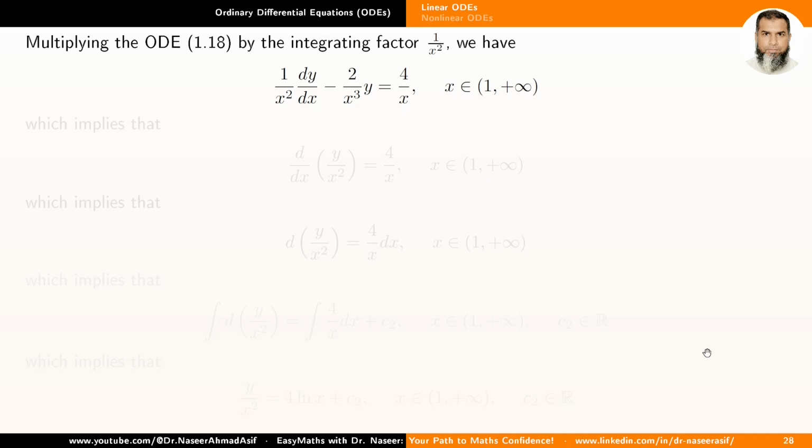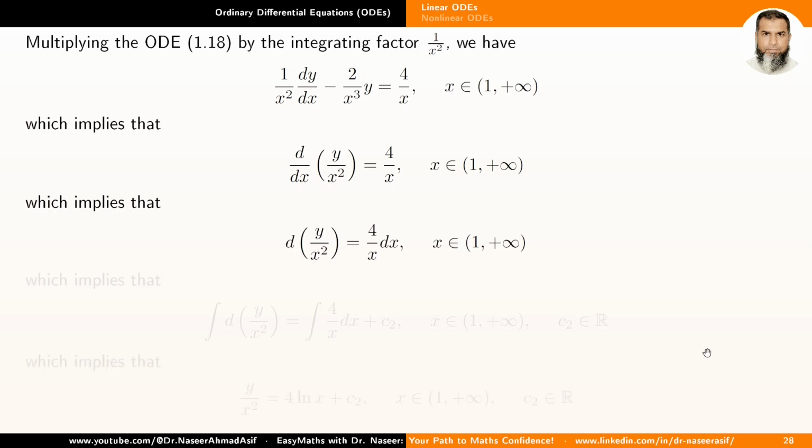Multiplying the ODE 1.18 by the integrating factor 1/x^2, we have 1/x^2 dy/dx minus 2/x^3 y is equal to 4/x, where x is in the open interval 1 to plus infinity. So d/dx of y/x^2 is equal to 4/x. So d of y/x^2 is equal to 4/x dx.